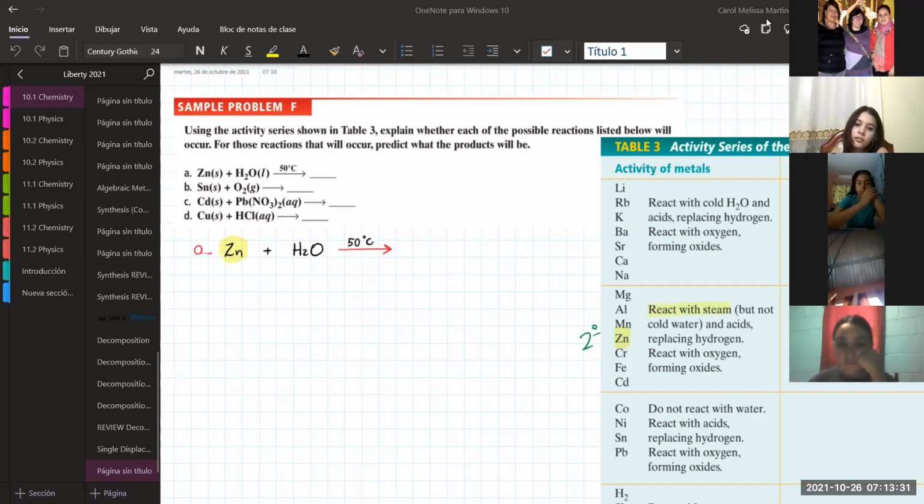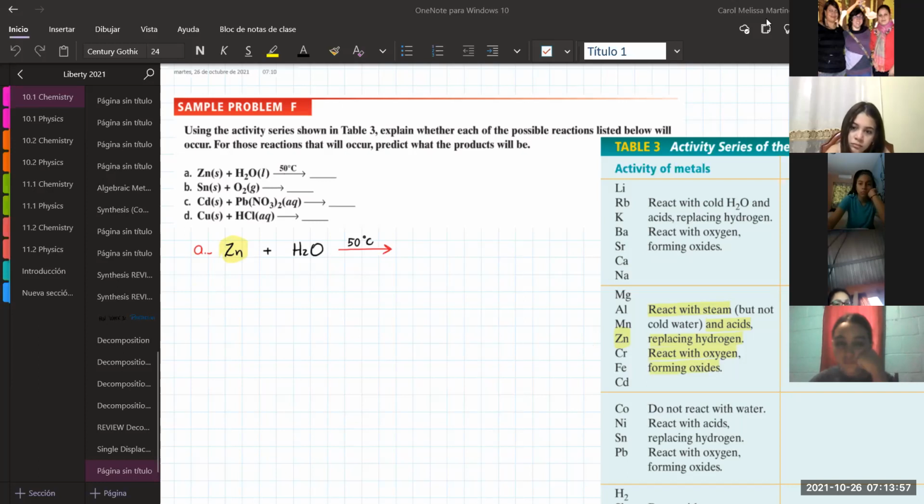It says that it reacts with steam, but not cold water. And also reacts with acids. When reacting with acids, it replaces hydrogen. It can also react with oxygen, forming oxides. That is important.